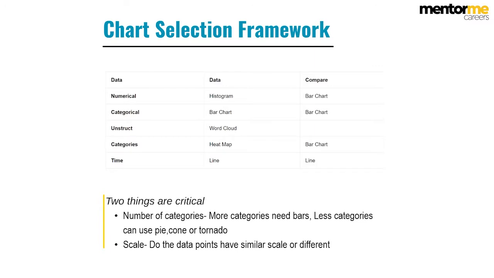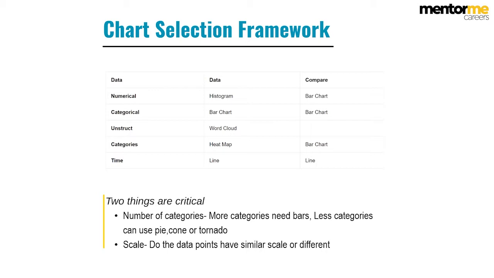So let's get started with some ways of dealing with the third part, which is how. Who and what you obviously have to answer yourself. Whenever you're looking at chart selection, a very simple framework, which I've shown here, is to first understand whether your data is comparing something, or whether you are just showing data, just showing the scale of the data, or maybe showing some relationship between data.